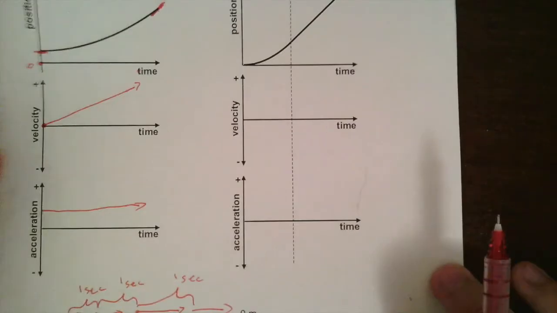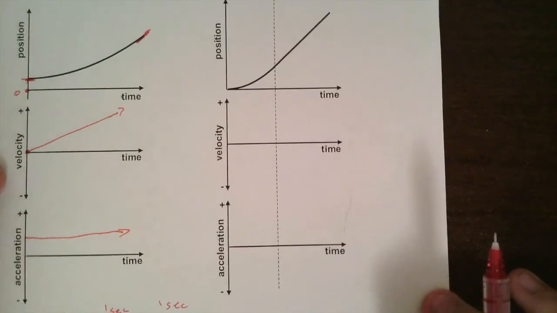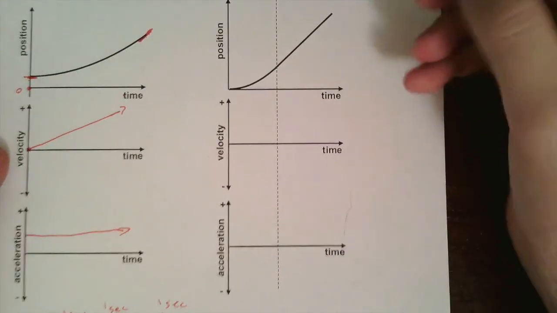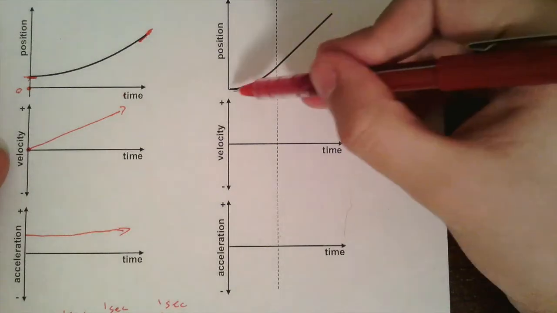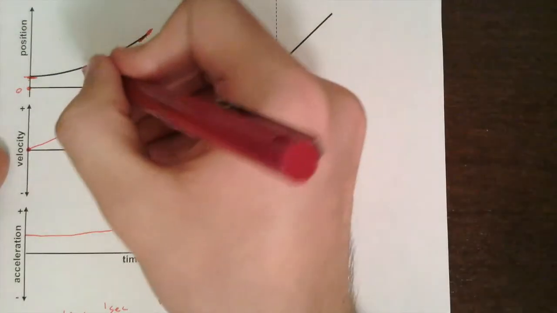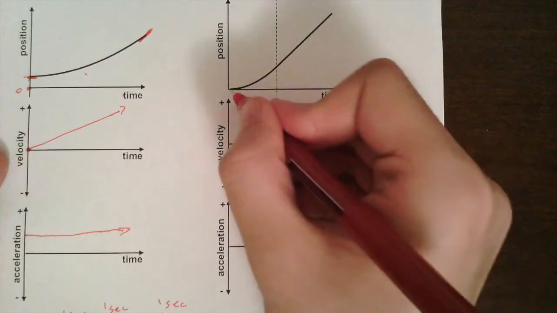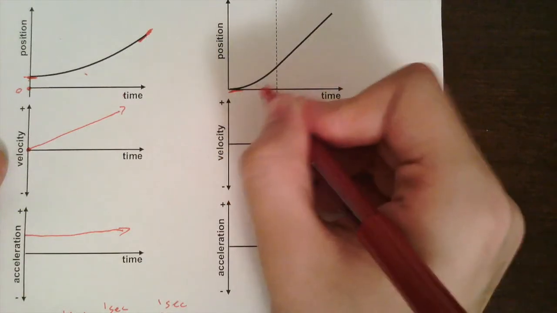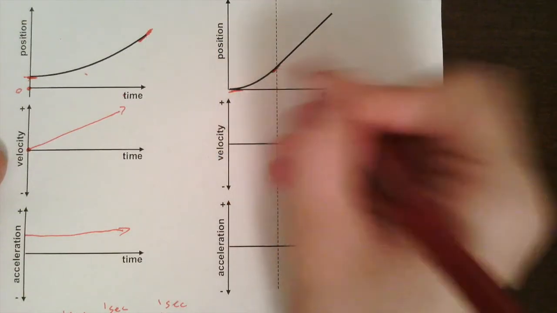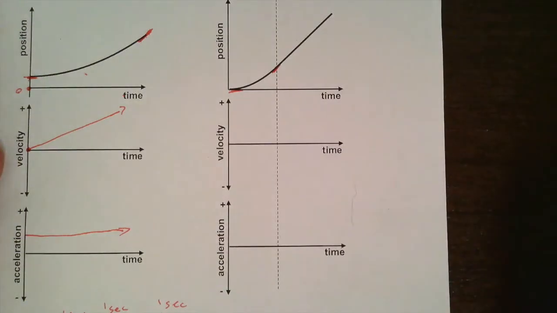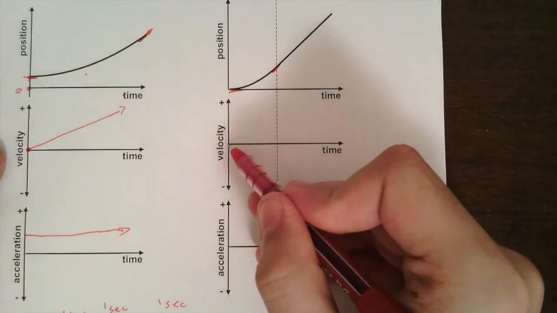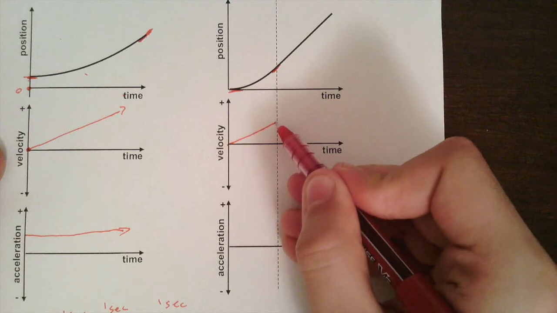Okay, let's look at this one. I have 2 sections separated by a dotted line. My first section is just like this graph over here. I have a 0 velocity to begin with and a positive velocity to end with, 0 to positive.